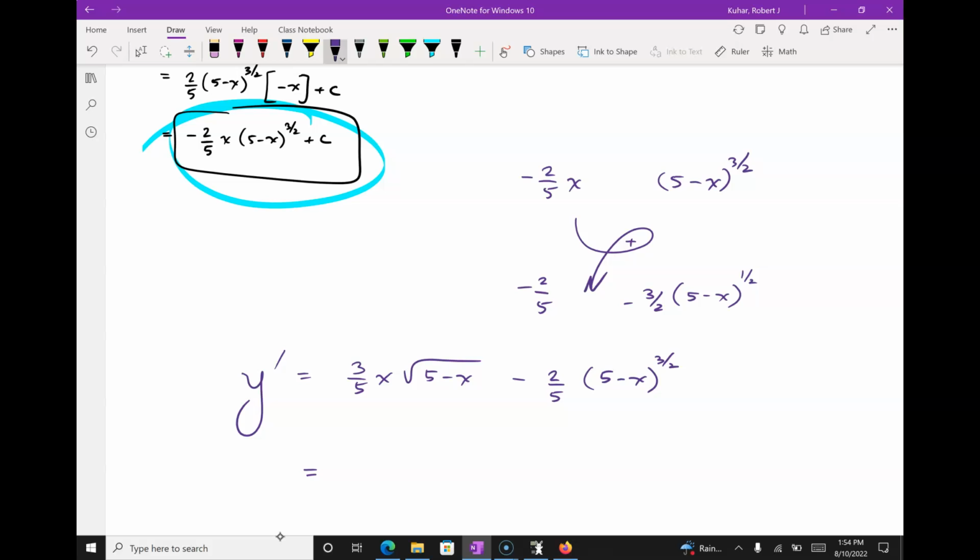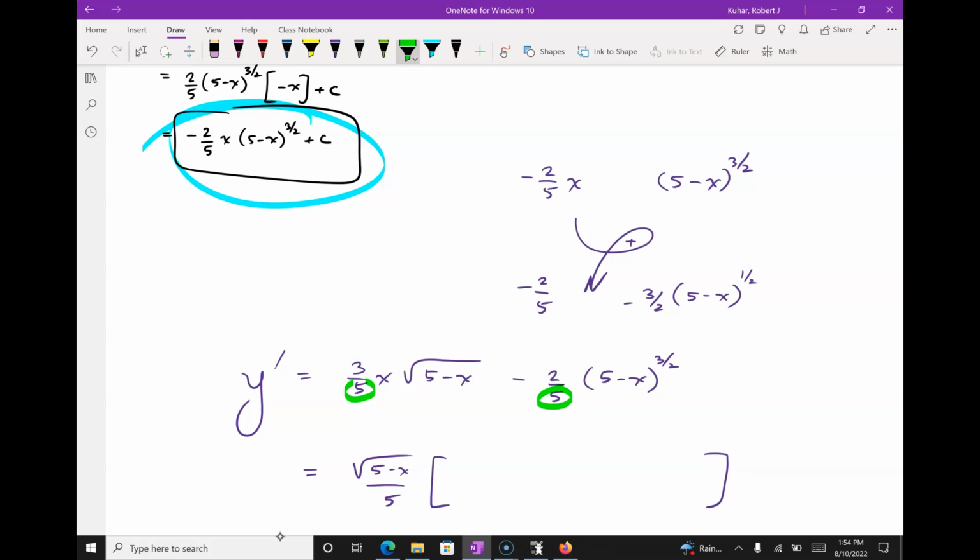It looks like I can factor out a square root of 5 minus x over 5. Well, they both have a 5 downstairs, right?